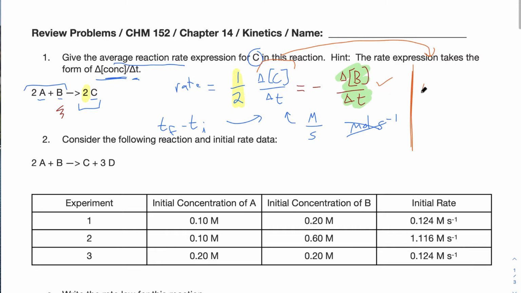And what you do is you solve for this delta C over delta t, which then equals 2 delta B over delta t. And then whether you carry the negative sign or not is less of an issue.